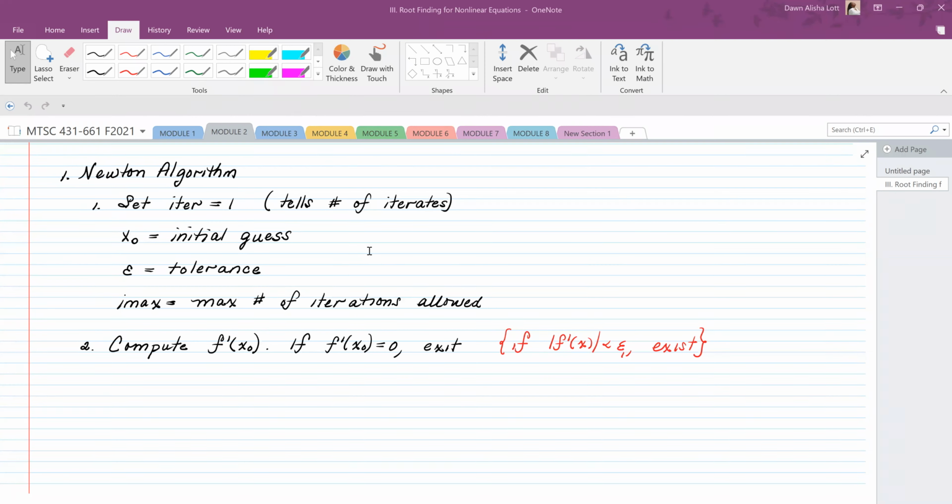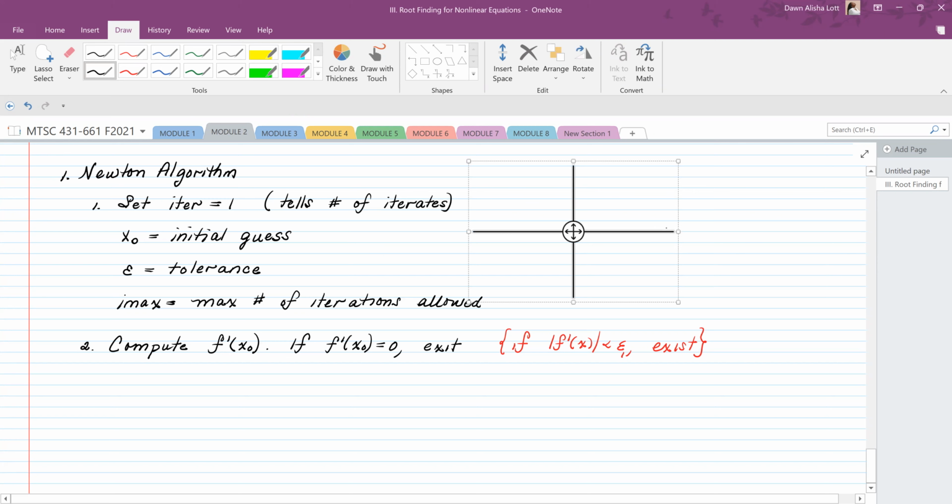Then we have an initial guess for where we think our root is. So let's say our problem looks like this, and our curve goes through like that.